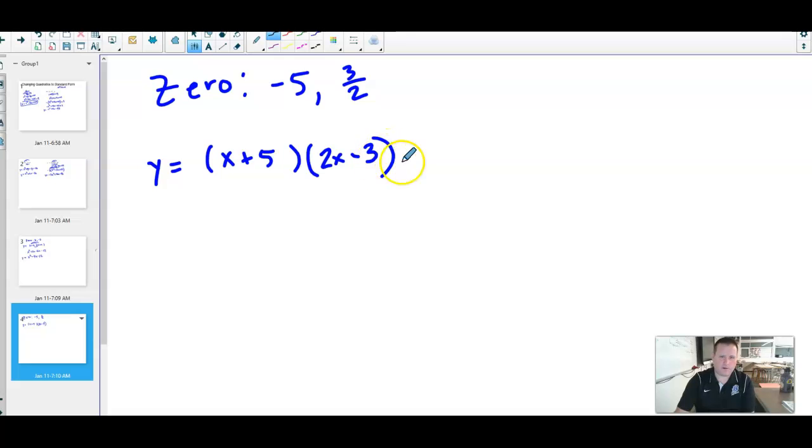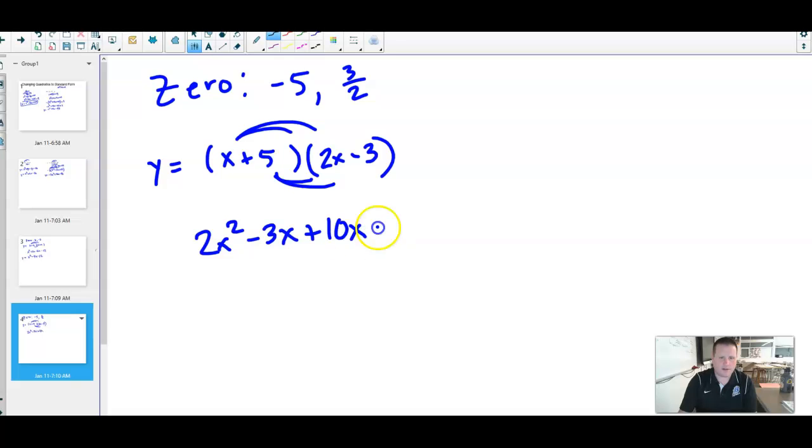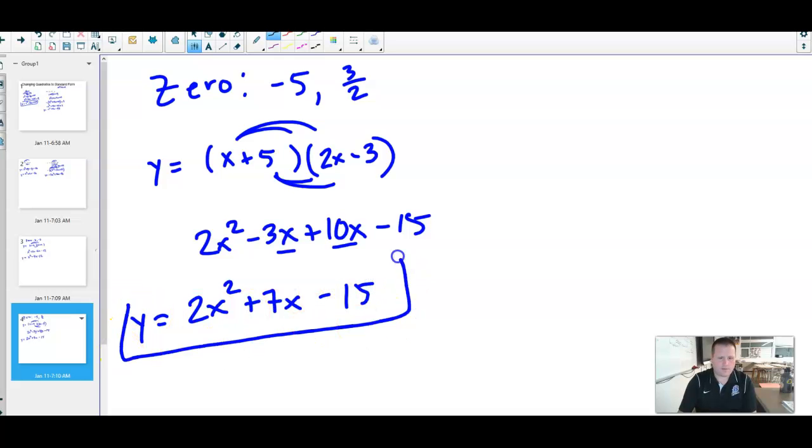If I set this equals 0, I'd add the 3 and divide by 2, and that would give me that value. Then from there, I'm just going to multiply through like what I usually do. So I'd have 2x squared, and I'd have negative 3x, positive 10x, and then negative 15, which would give me y is equal to 2x squared plus 7x, because I can combine my middle two terms, and then minus 15. And that would be my simplified answer right there.